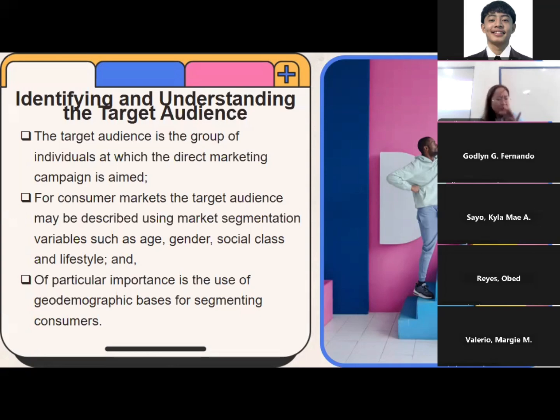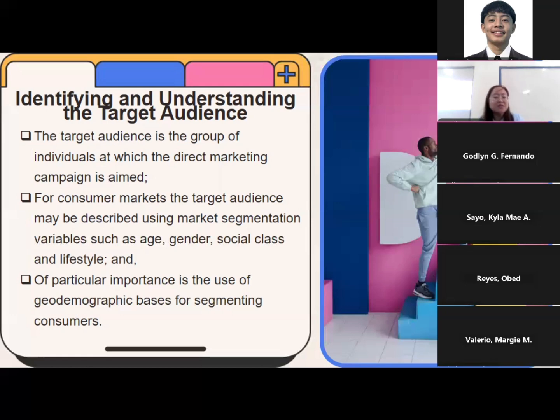Acorn segments households into groups such as thriving, expanding, or striving. Companies use this data to target direct mail or other marketing efforts to households that fit their desired profile based on factors like income, their lifestyle, and so on.